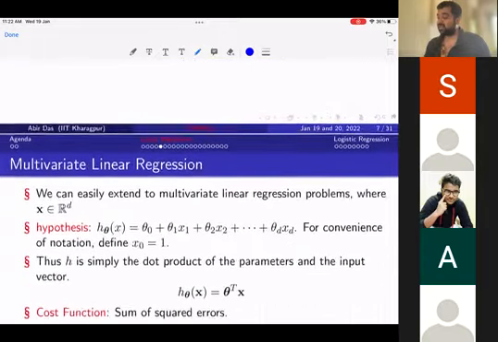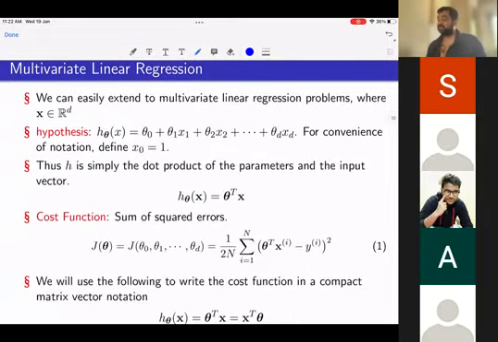Okay, let me go to multivariate linear regression. Now we are scaling up, which says that we can easily extend to multivariate linear regression problems. The hypothesis is still a linear function of x, where x is in R^d. Now d can be greater than 1, because d equal to 1 we have seen.